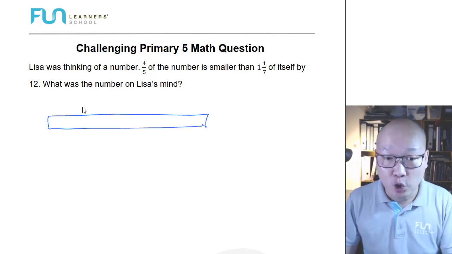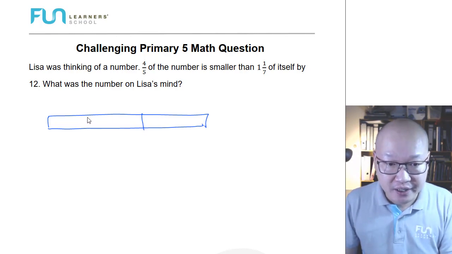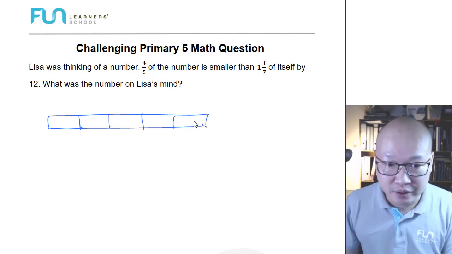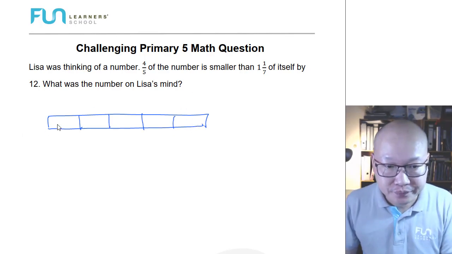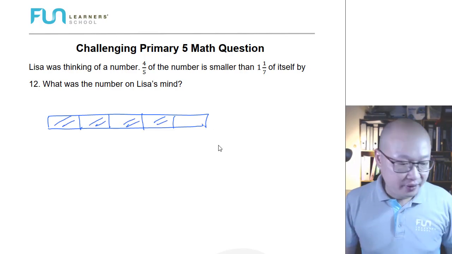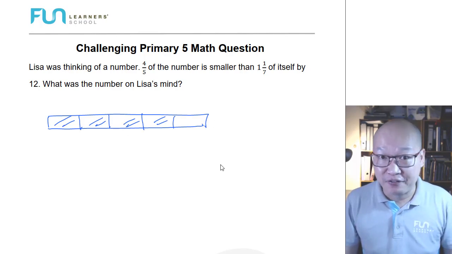First, of course, we have one whole and we're going to sketch out 5 units because it's 4/5, right? Let's mark it out. Now, students have a problem even to conceptualize 7 units within these 5 units.